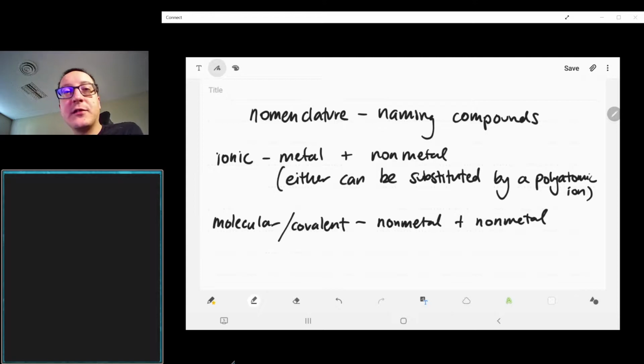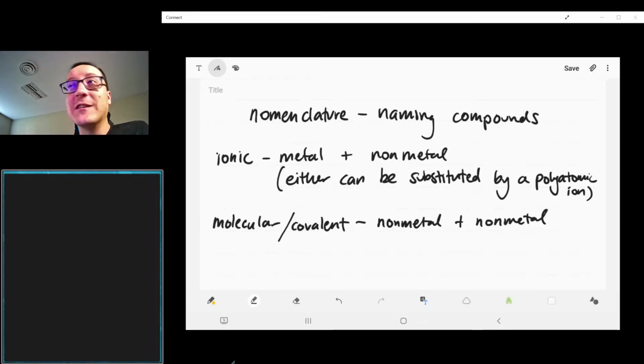So we're going to start off by learning the rules for naming ionic compounds. Thankfully for us, the rules are quite straightforward. The only thing that gets tricky here is some students tend to apply the right rules to the wrong compounds. So we're going to see that metal, non-metal ones have their own set of rules.